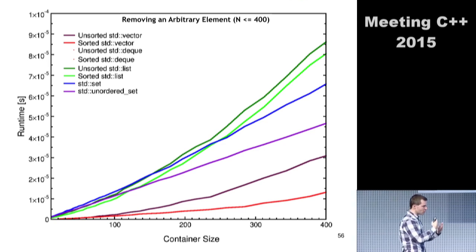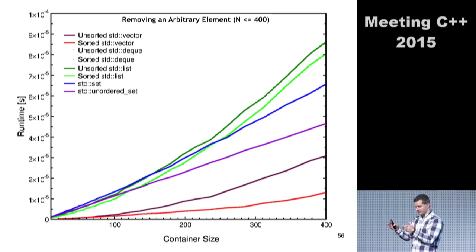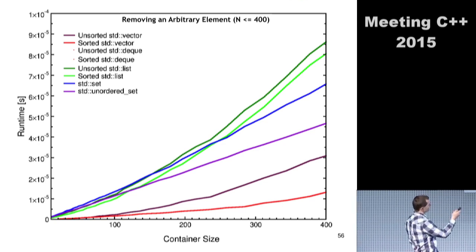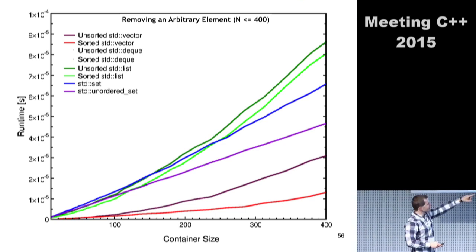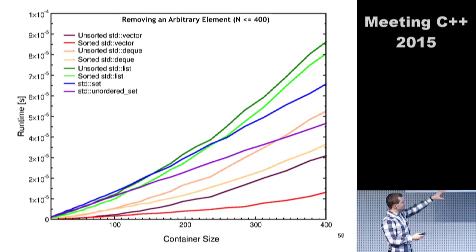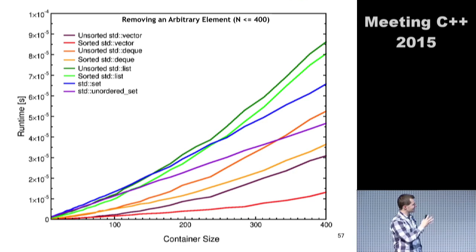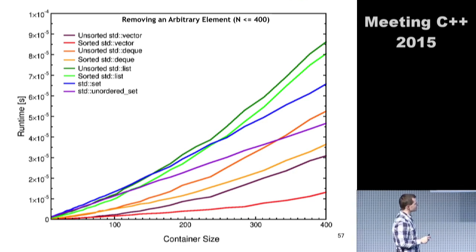Of course, I need more time to find it, but apparently this shift operation is very cheap for up to 400 elements. Okay, I spoiled this one. Deque is a little more expensive, but still it's to some extent better than the classical containers that you use for this task. So better than list, set, etc.